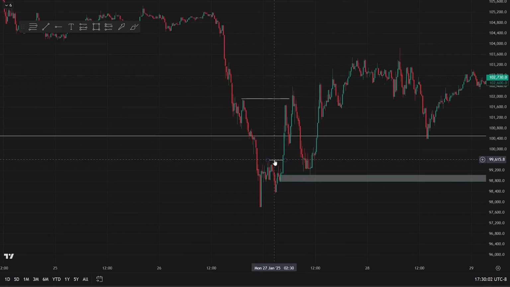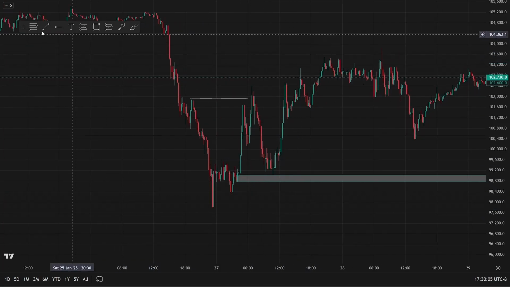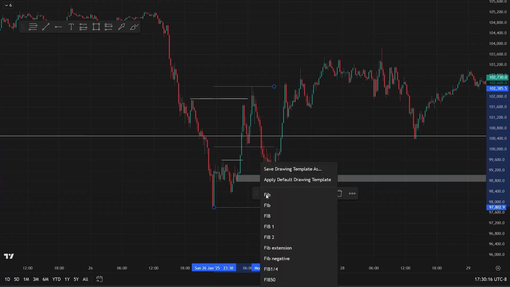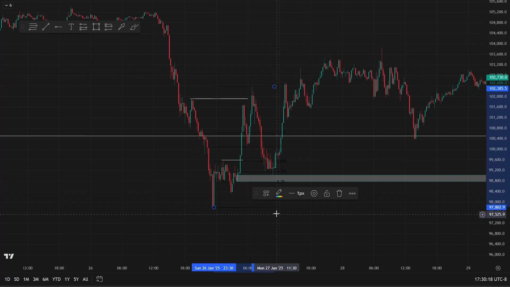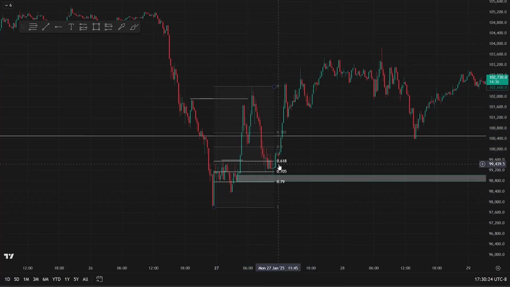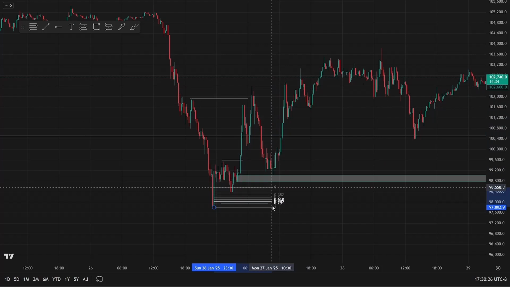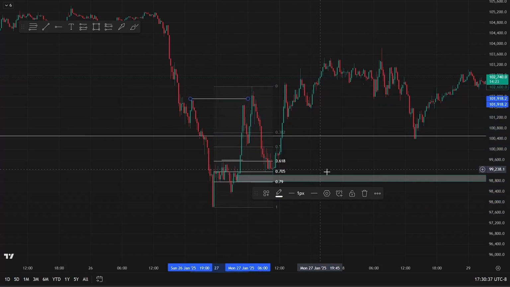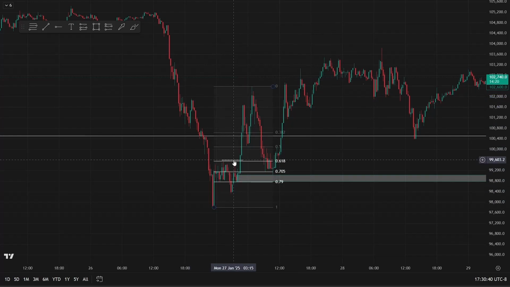And what you can also do on these moves, kind of extra sauce, extra little bit of information for you, you can take a Fibonacci. I'll be doing another video on fibs, but just to give you a quick example, if you pull a fib from the bottom of the wick to the top of the wick, this swing low to this swing high, take that out for you so it's a little less confusing.